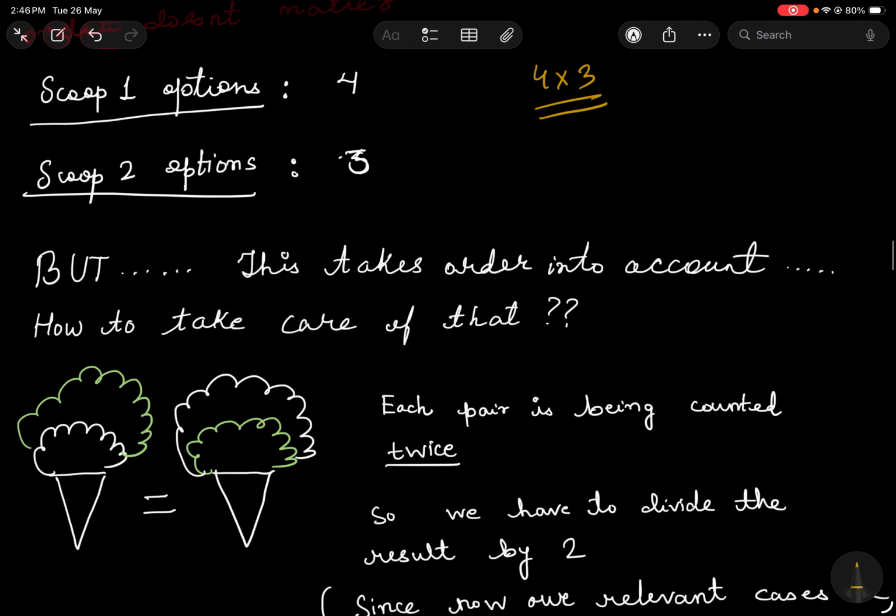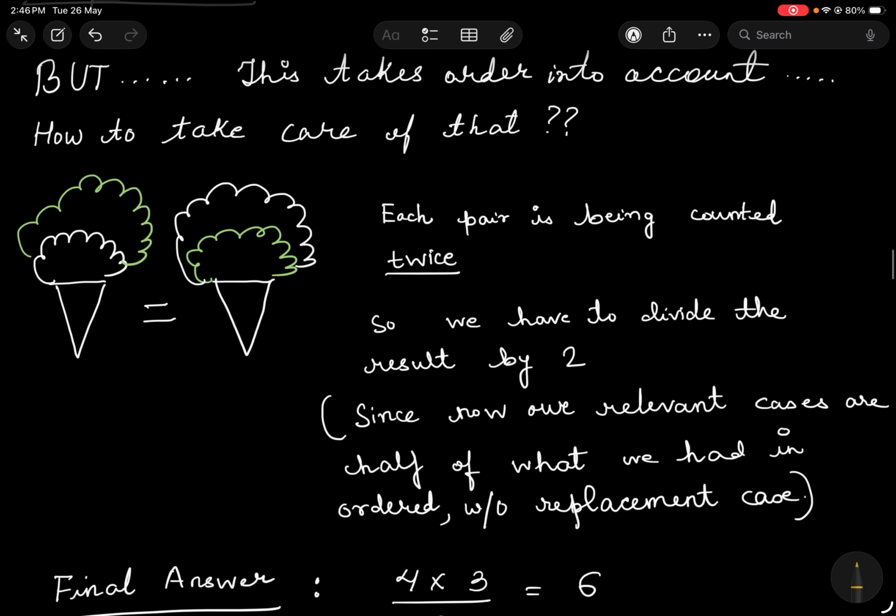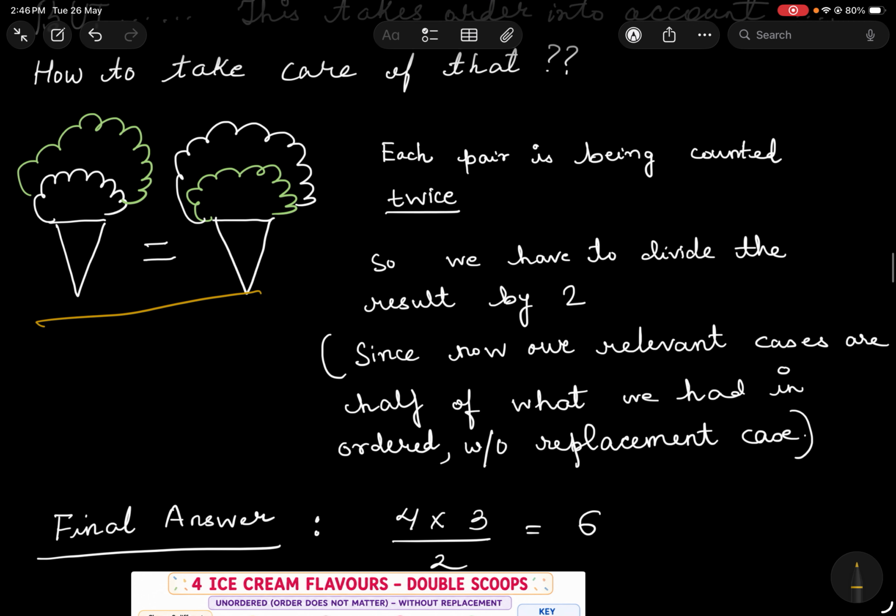Okay, so now if you look at this, here if I have vanilla and mint choco chip, that is same as mint choco chip and vanilla. This ice cream person doesn't care what you take first. Okay, so if you take our example exactly, if you look at the 12 case that we have, each pair is being counted twice, right? This is considered once, this is considered two.